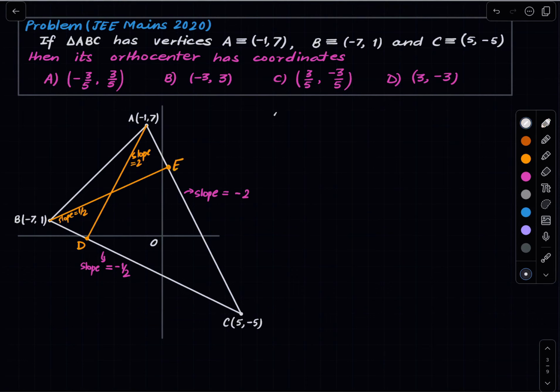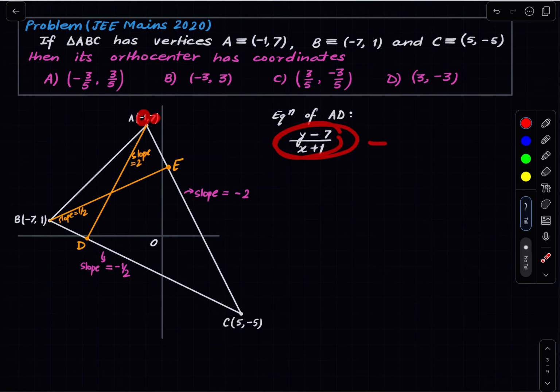So equation of AD is, what are we doing? Y minus 7 divided by x minus -1. So that's that expression, and that is equal to the slope of AD, which is 2. So that gives that the equation of AD is y equals 2x plus 9.